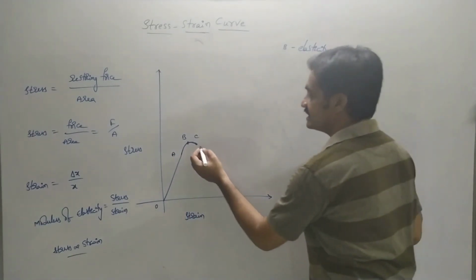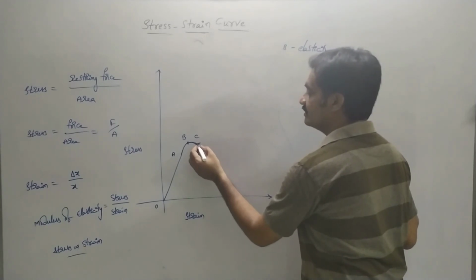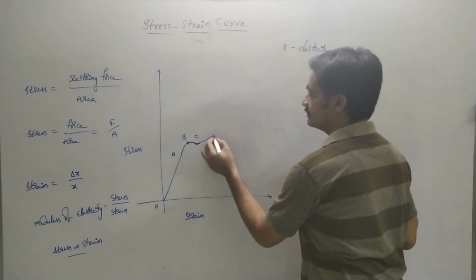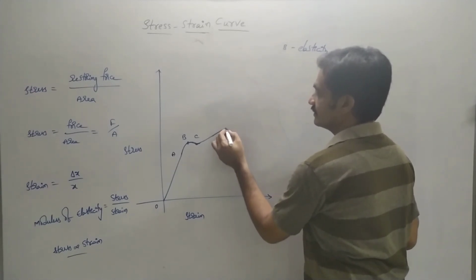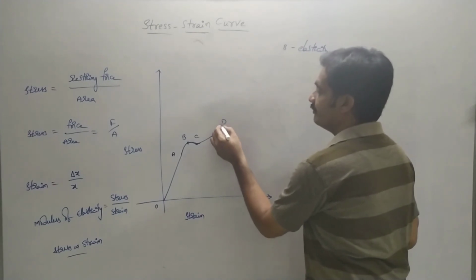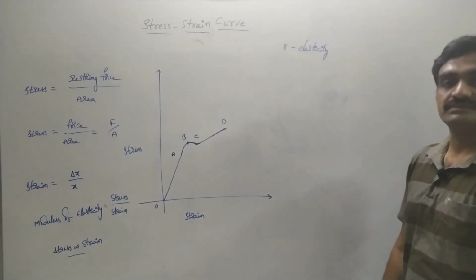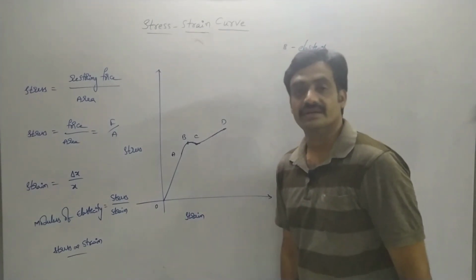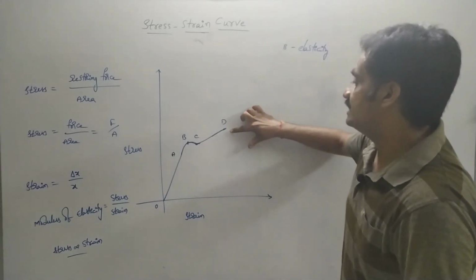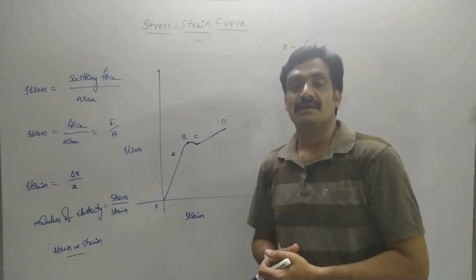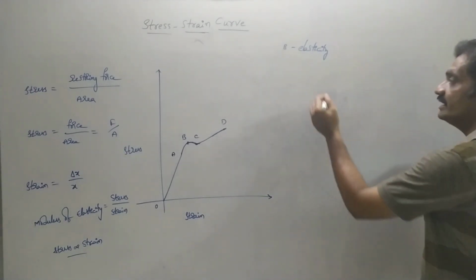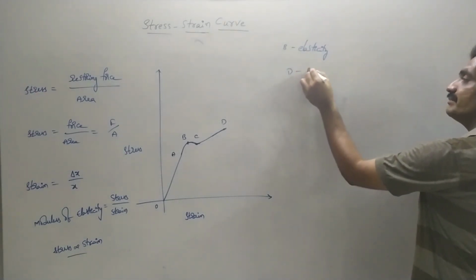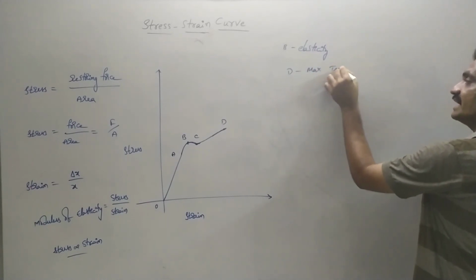If still the stress is applied on the wire, at point D, the wire attains maximum tensile strength.